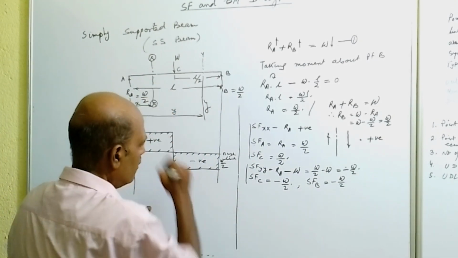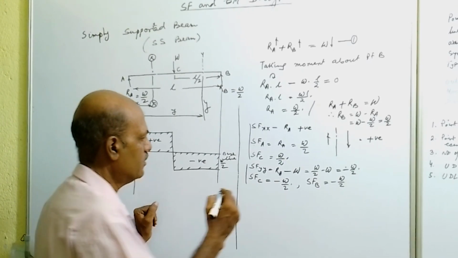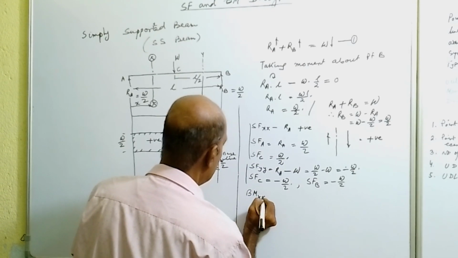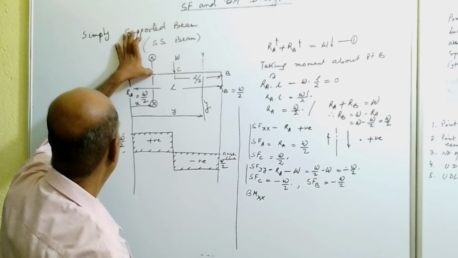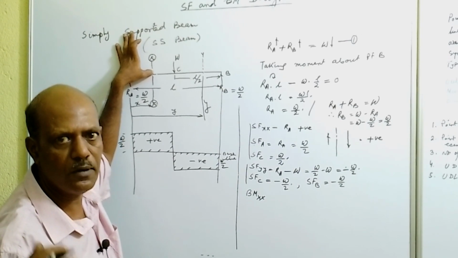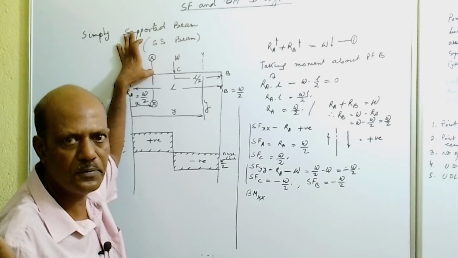Now we will calculate the bending moment equation at the sections, that is bending moment at section XX. What is the bending moment as per the definition? The algebraic sum of moments of all vertical forces acting to one side of the section.